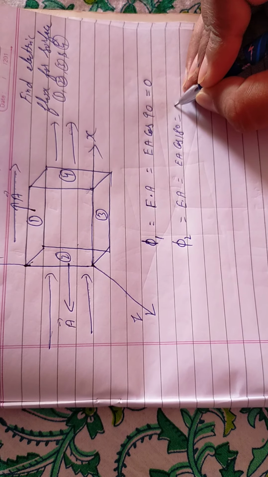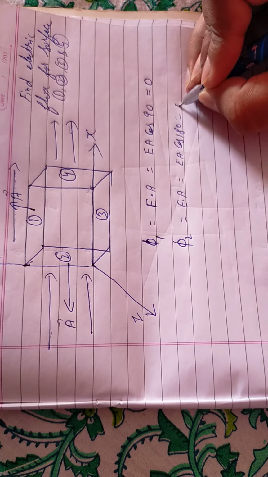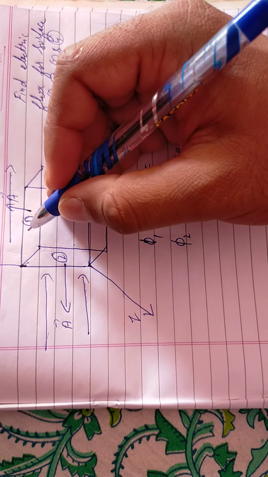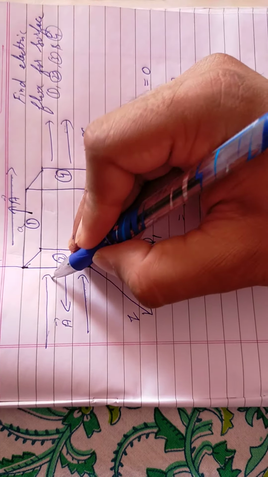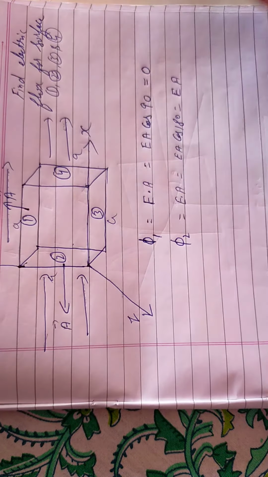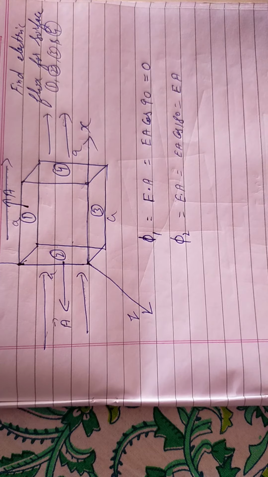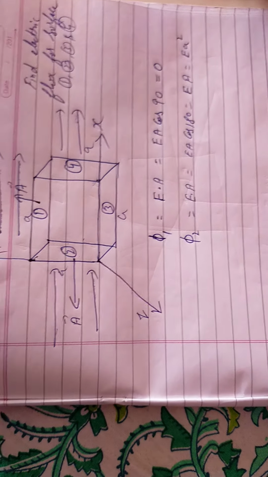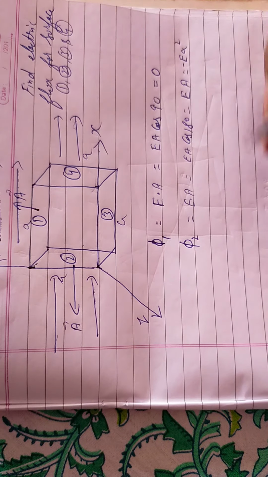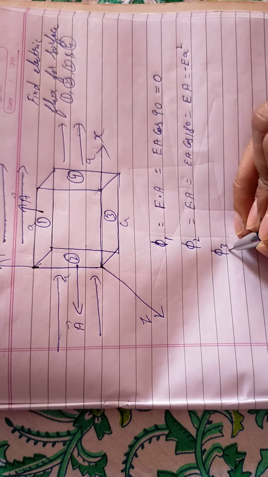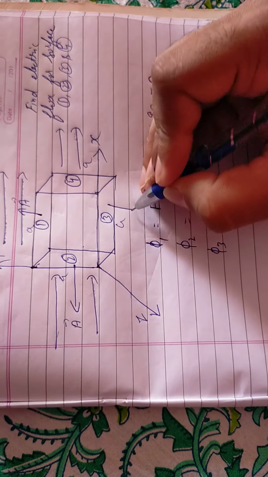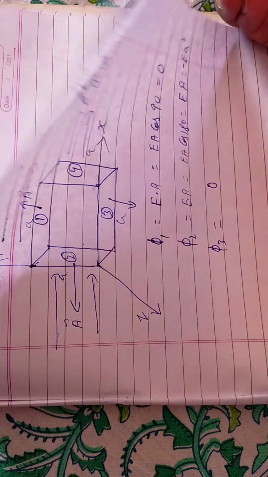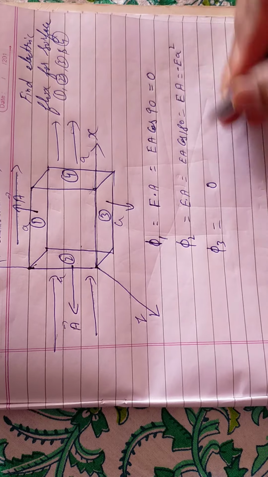Suppose each side of the cube is A, then the area will be side into side, so the flux is minus EA square. Now the electric flux for the third surface is also 0, because theta is 90, outward direction, EA cos 90 is 0.